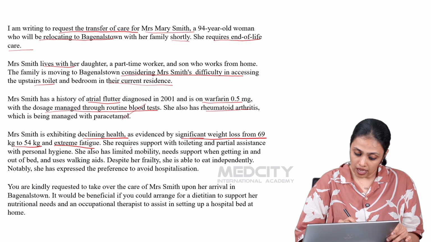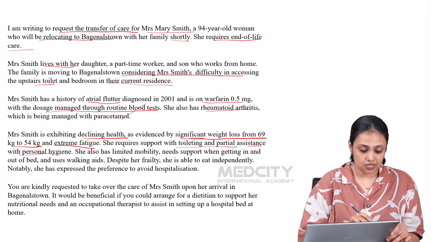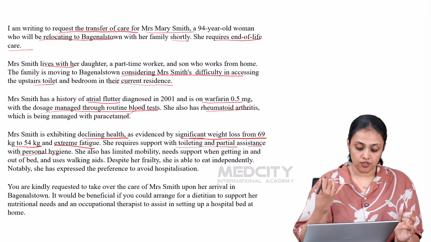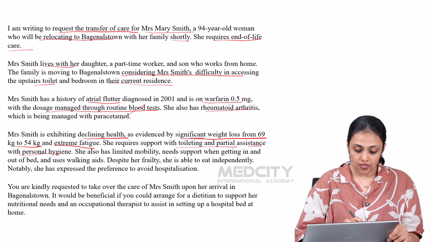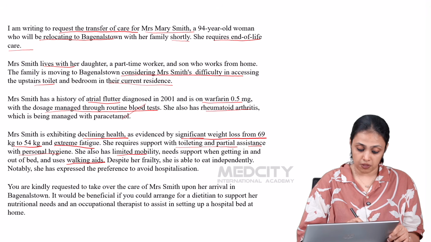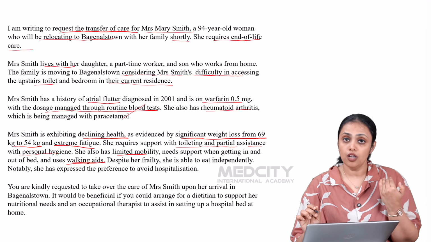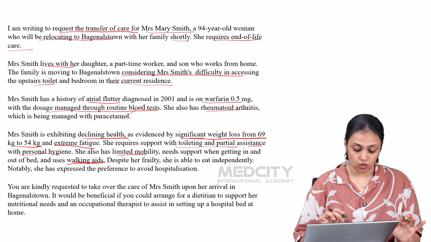Then she requires support with toileting and partial assistance with personal hygiene. These are the kinds of support that the patient needs. Then she also has limited mobility, needs support when getting in and out of bed, and uses walking aids, because we have a request for the service of the occupational therapist as well. So this is also necessary.